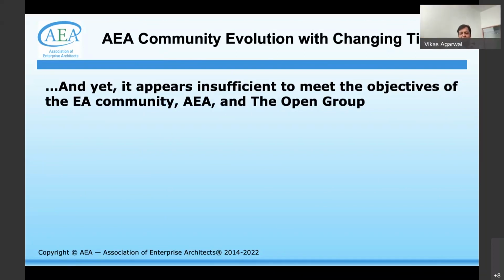We have been noticing that despite having done so many activities, conducting so many workshops and knowledge sharing sessions, there are certain symptoms which indicate that there is something that needs to be done.